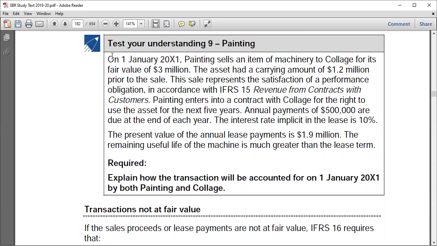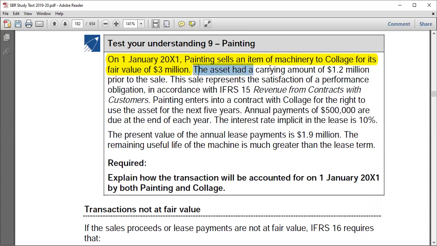The question says, on 1st January 2021, Painting sells an item of machinery to College for its fair value of 3 million. And again, do you see this thing here, transaction not at fair value? If the transaction is a sale at fair value, that's what we do, as we saw above. If it's not at fair value, there are some additions, but this was at fair value.